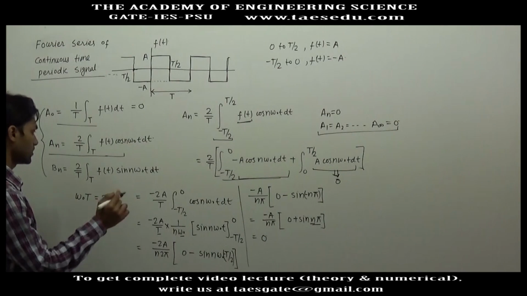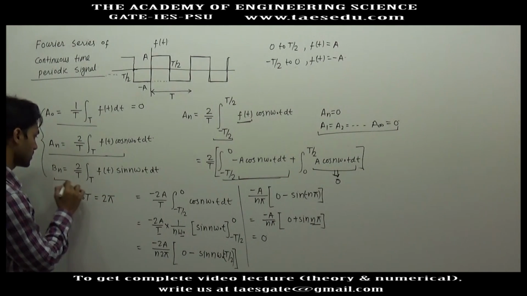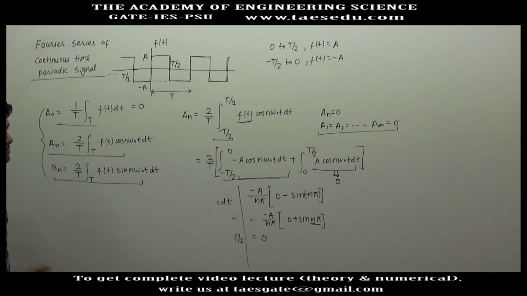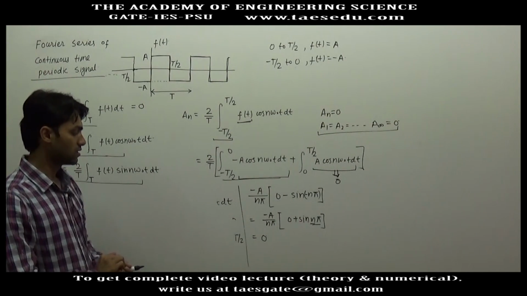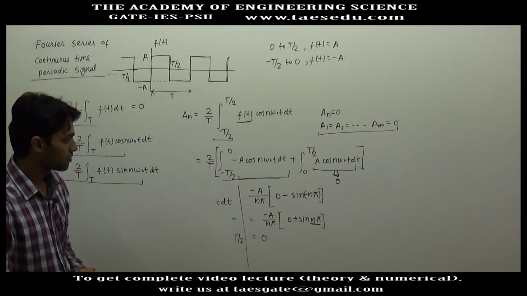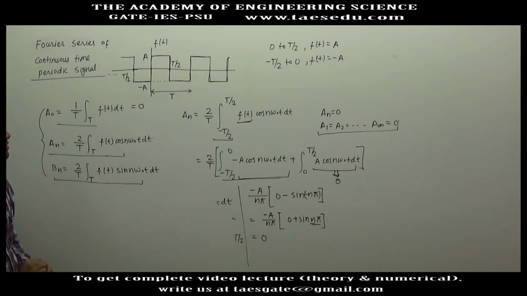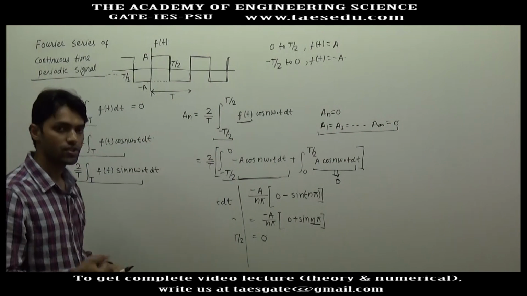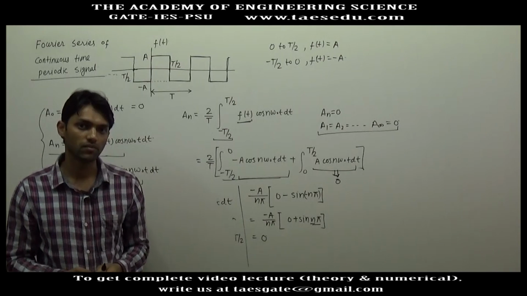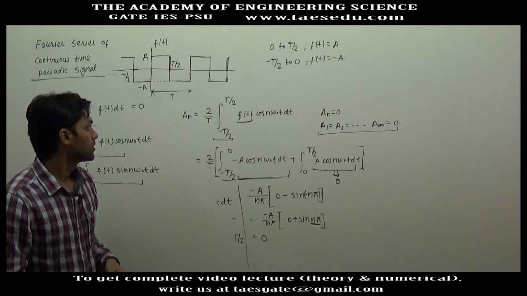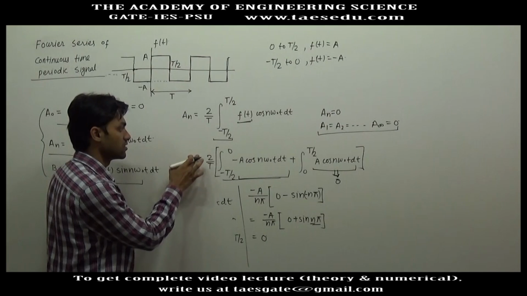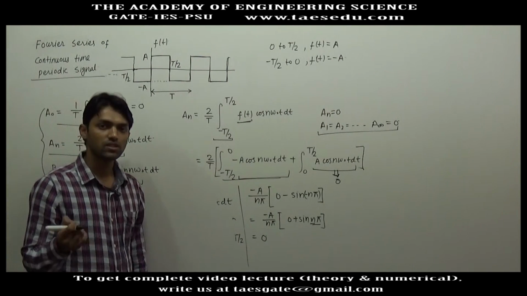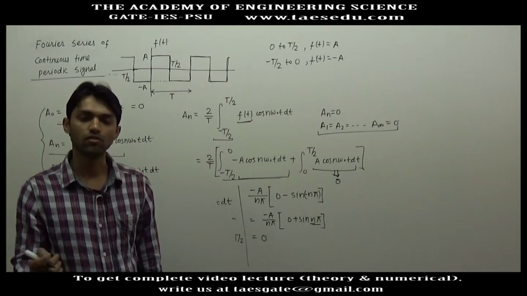Now we will solve for the coefficient or amplitude of sine terms. There is one easier method, the graphical method, to decide whether a coefficient is 0 or not. If the coefficient is 0, with the help of the graphical method you will quickly find out whether it is 0 or not, because in many questions in GATE you just need to find out whether a coefficient is 0 or not.